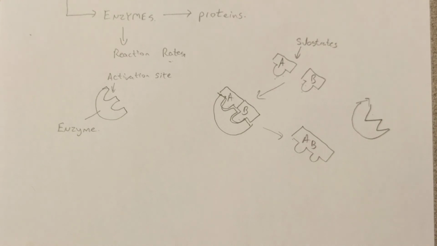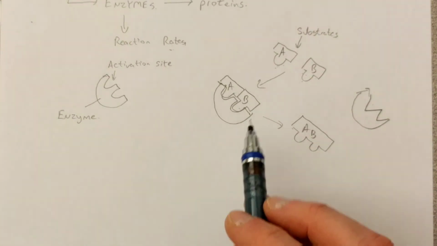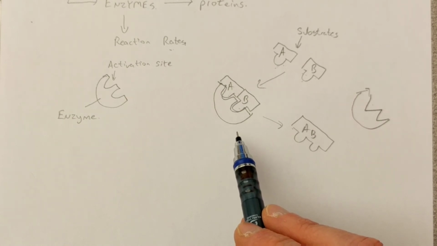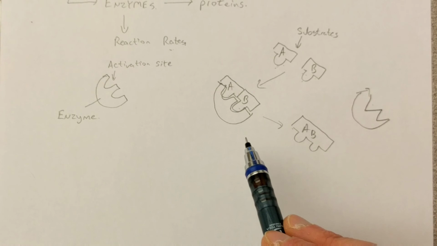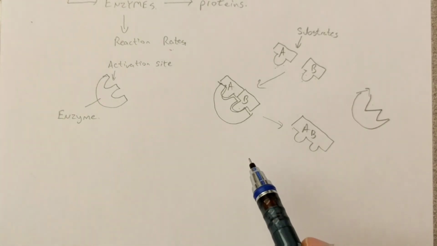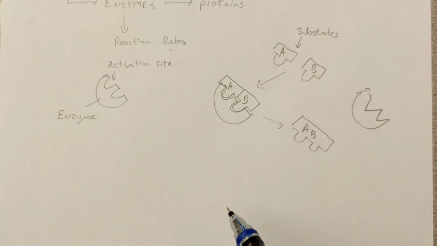So what's important here to understand is that inside the body, if conditions change too much, conditions such as temperature, ionic conditions, the pH of the surroundings, that could affect how the enzyme works.